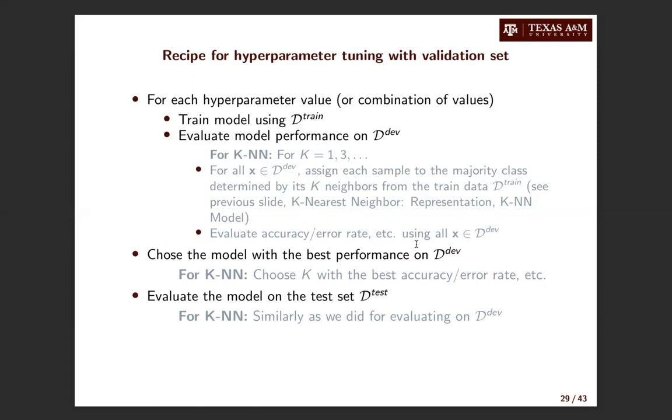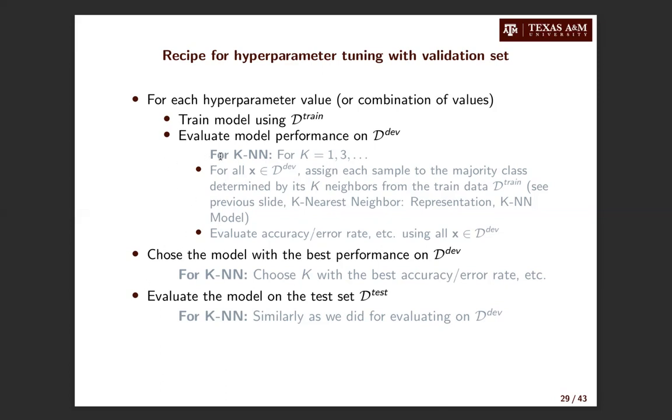During that process, after we have determined the best hyperparameter, we can also combine the training and the development set together, train our algorithm using both sets with the hyperparameter that has been identified based on the development set, and then evaluate our final model on the test set.